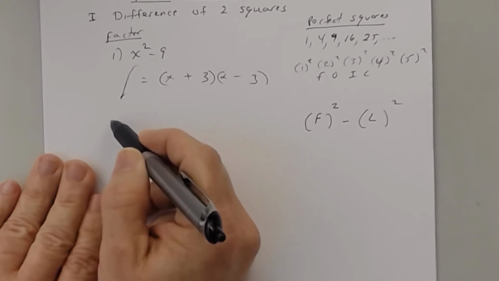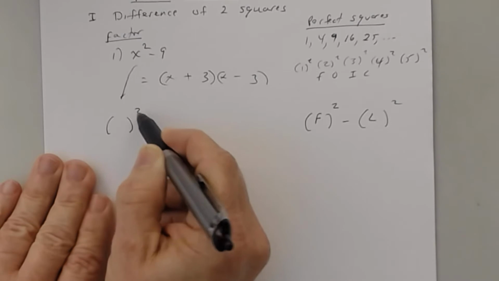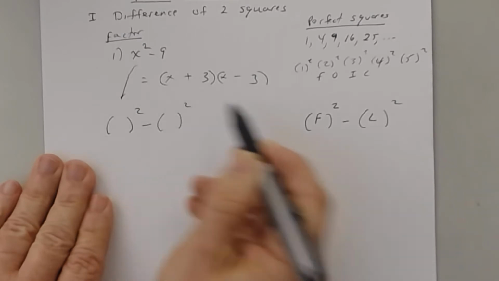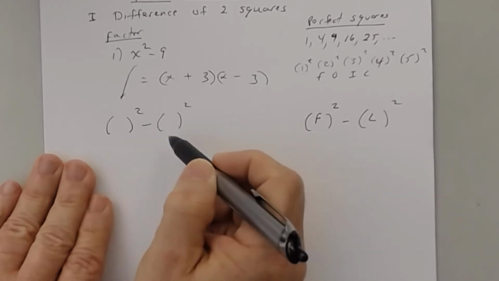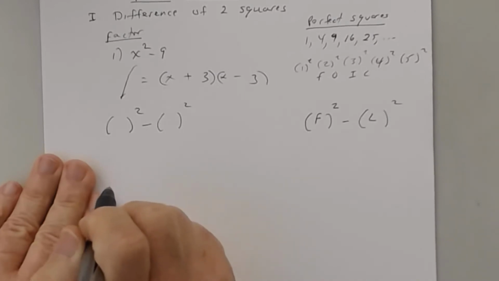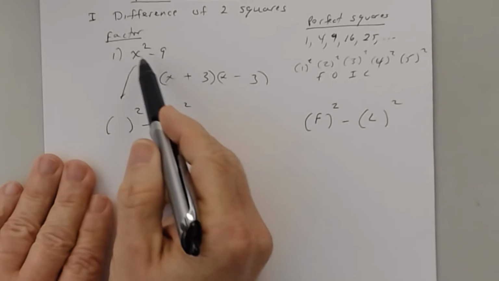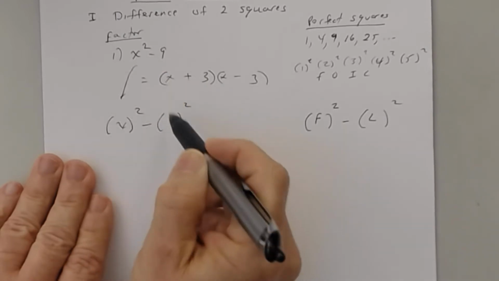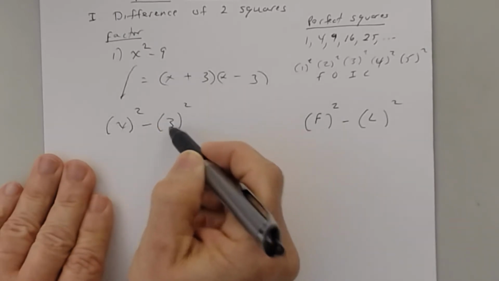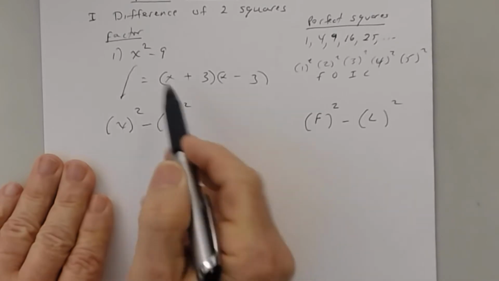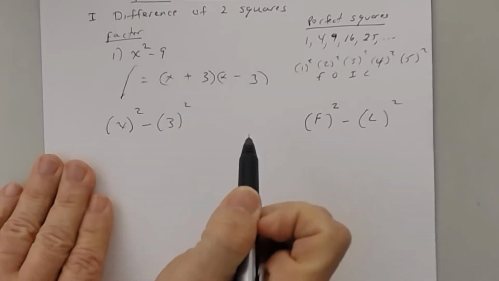So you want to rewrite this as something squared minus something squared. What times itself is x squared? X. What times itself is 9? 3. So I filled in the parentheses, which means that this is the difference of 2 squares.